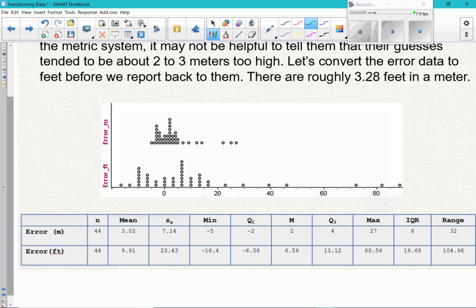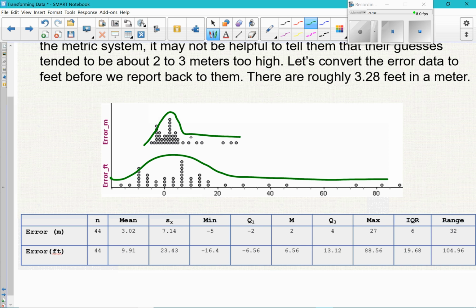All right. So here are our original values, and we wanted to convert them all. In this case, we divided them all by 3.28 in order to convert to meters. We see that we still have this very rough bimodal bell shape, but it's extremely right skewed.